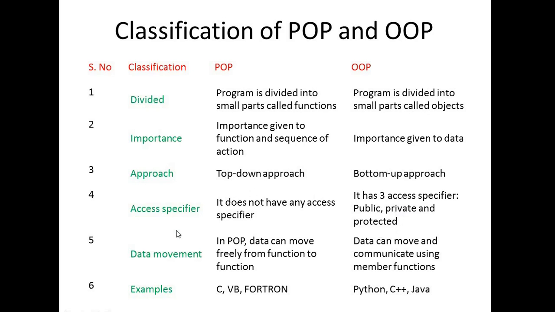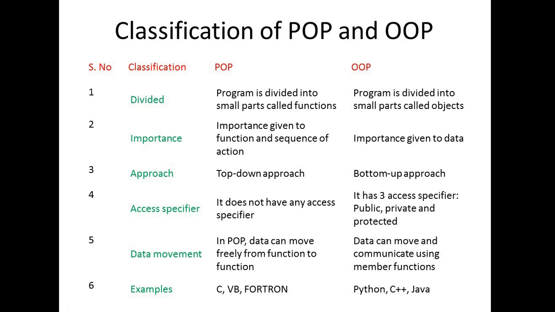Then the fifth classification is data movement. In procedure oriented programming, data can move freely from function to function. So from one function to another function we can have data sharing, right? So data can be transferred among the functions, whereas in object oriented programming, data can move and communicate using member functions.